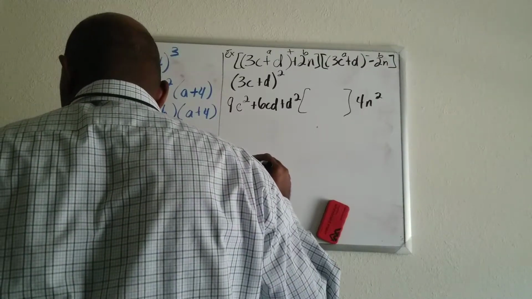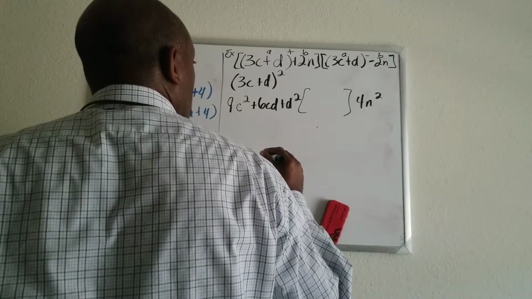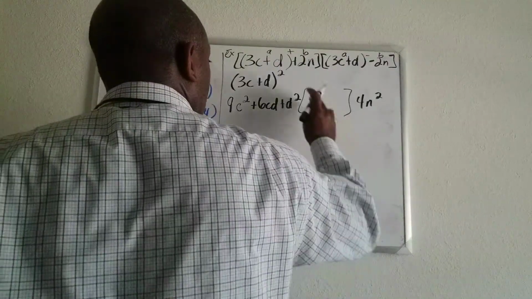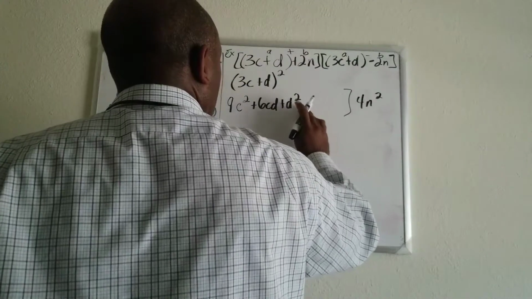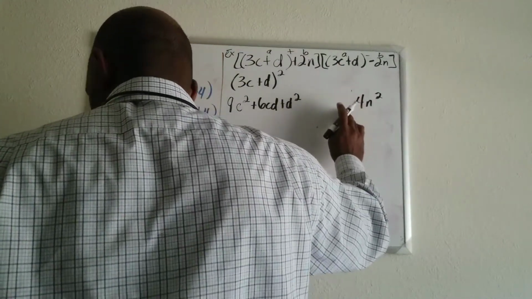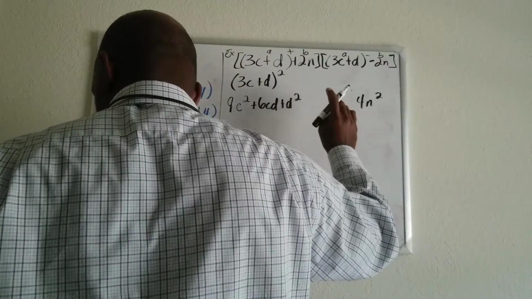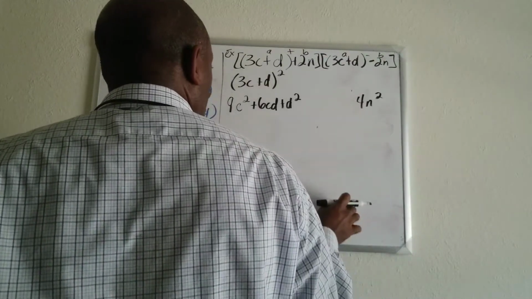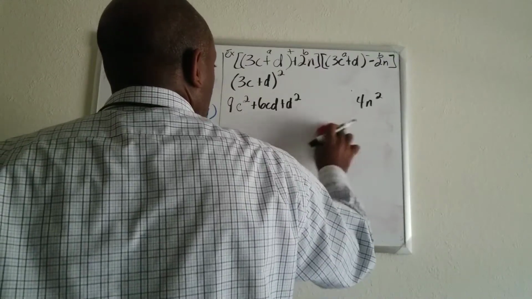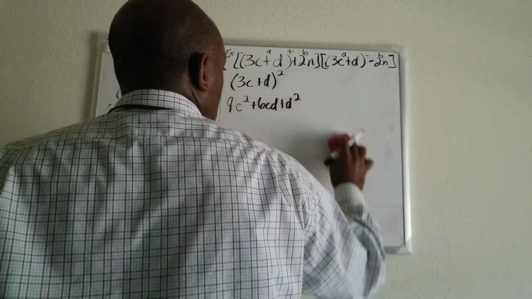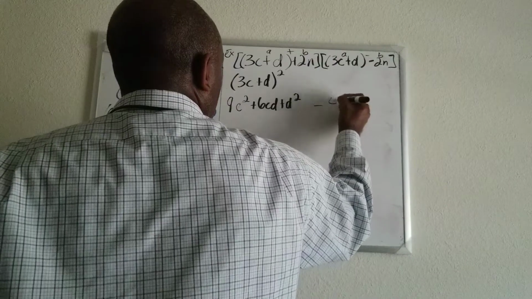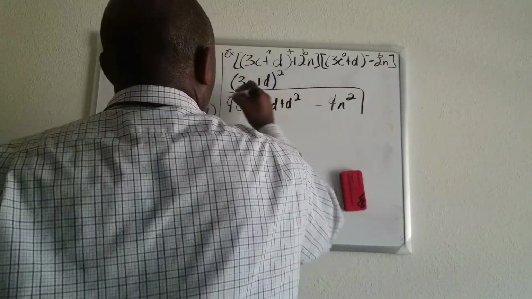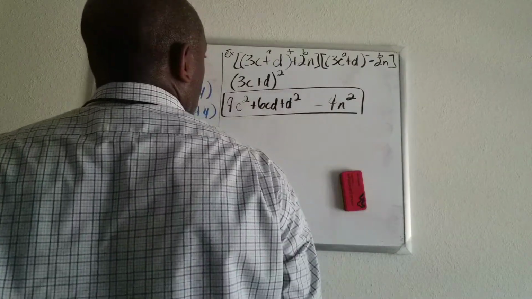You have minus 4n squared, and there's your answer.